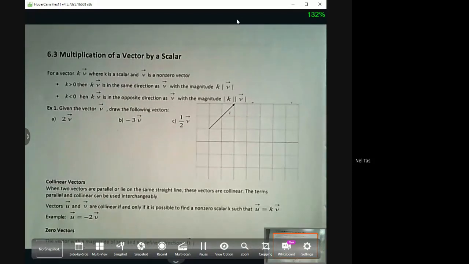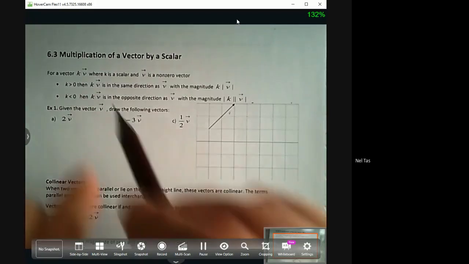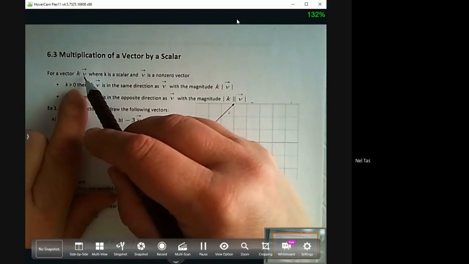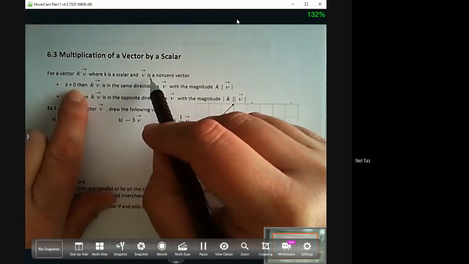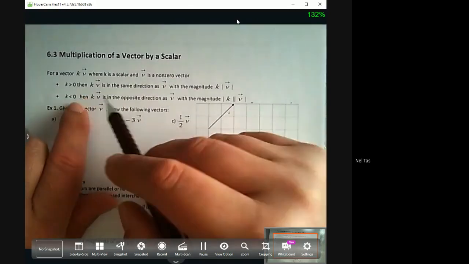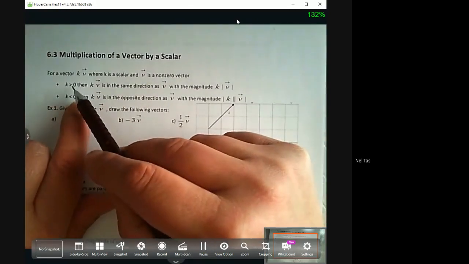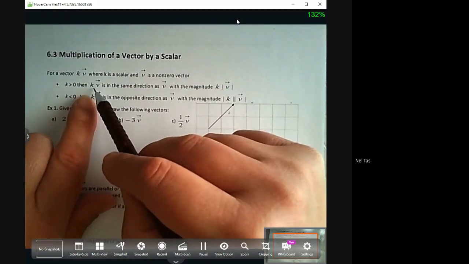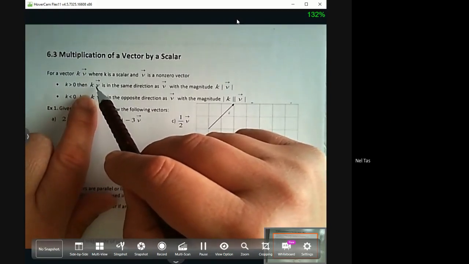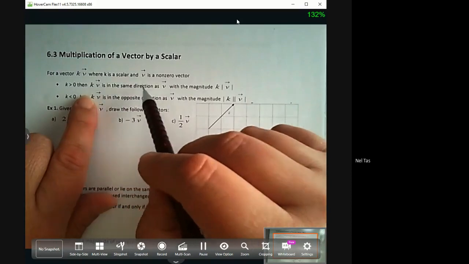6.3 Multiplication of a vector by a scalar. For a vector k times vector v, where k is a scalar and v is a non-zero vector. If k is a positive number, let's say 5, then k times v is in the same direction as v.